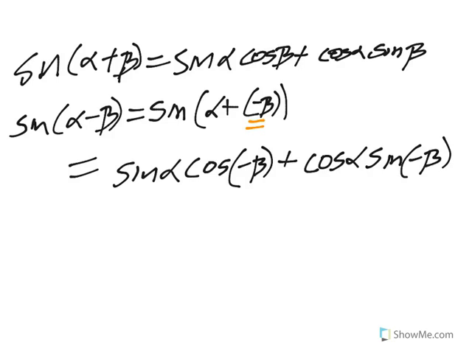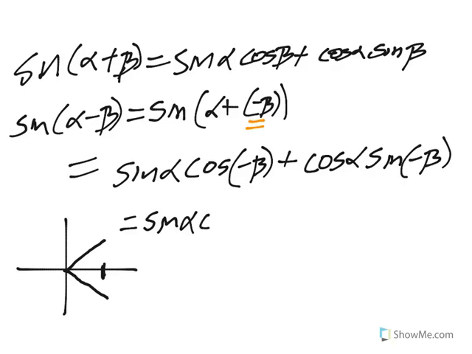The cosine function, when I'm looking at x-coordinates, if I go one direction with an angle and look at its x-coordinate, it's going to be exactly the same as if I go the other direction with the angle. So cosine of minus beta is the same as cosine of beta, and I'm going to replace it with that. On the other hand, if I'm looking at y-coordinates, if I went forward and got a y-coordinate, now when I go the other way, it's going to be exactly the negative of that.